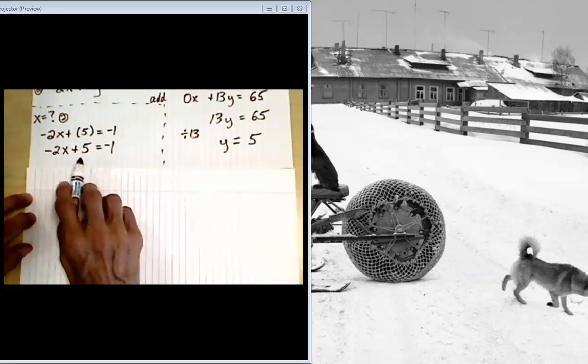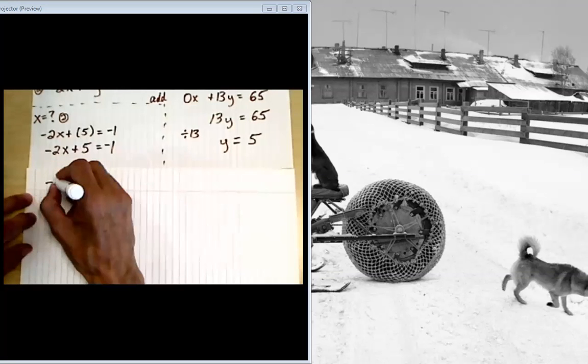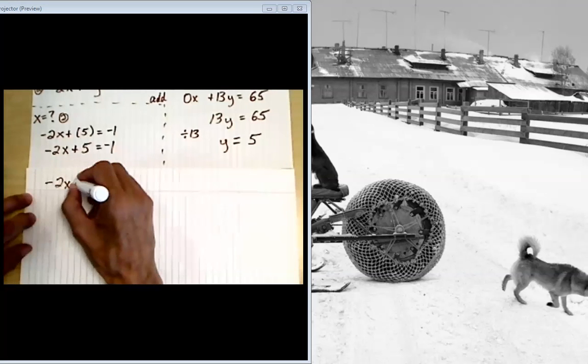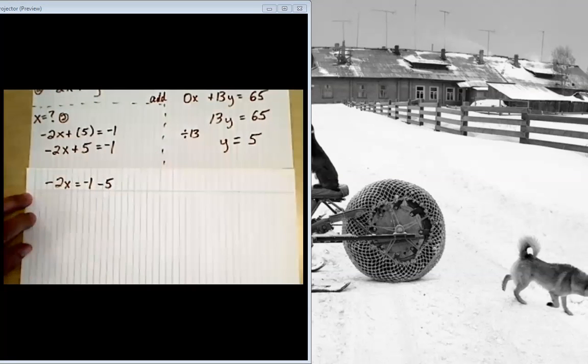Right idea. We want the 5 on this side, so what's going to have to happen? Minus 5. Good, so don't forget that. Minus 1 and then subtract 5 on that side.